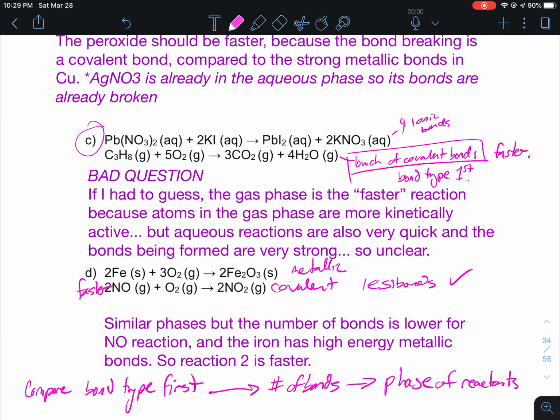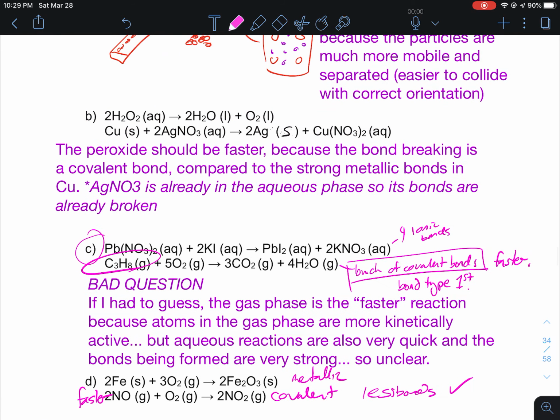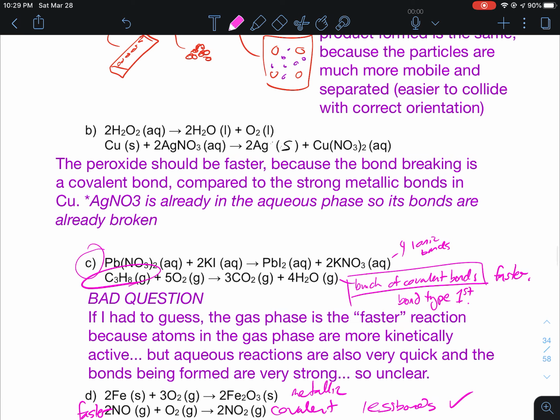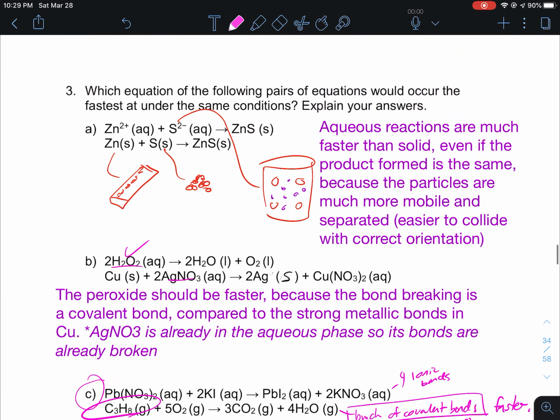The previous question, we have ionic and covalent. Even if it's aqueous and gas, we're going to start by comparing the bond type first. So this is going to be the answer. Comparing number B, we've got ionic down here, and we've got covalent. So we should say covalent. So that's the faster one.